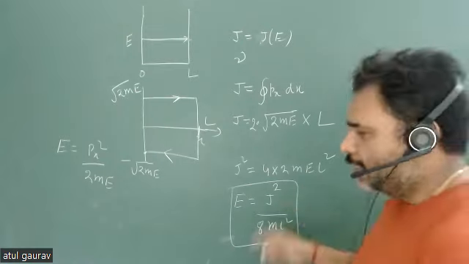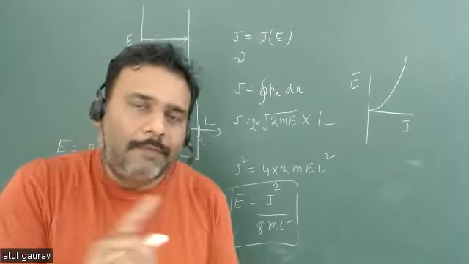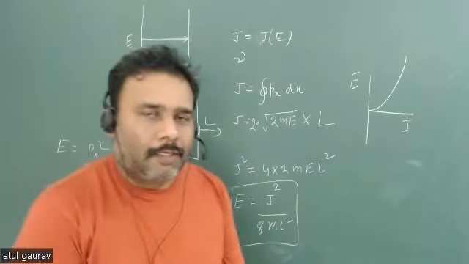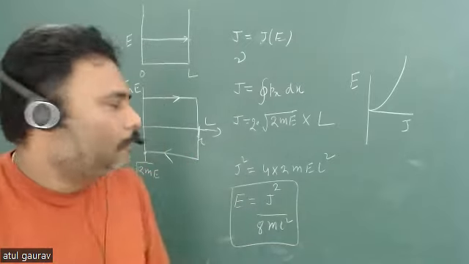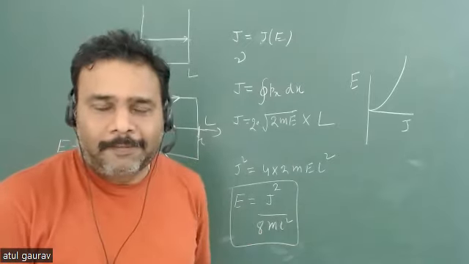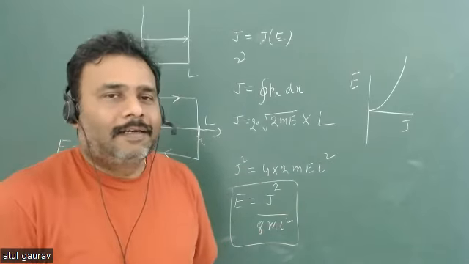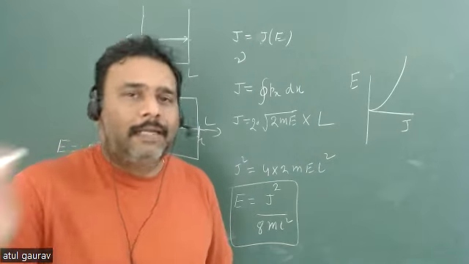This is very interesting. If you have a little bit of knowledge of quantum mechanics, I think you know that energy in quantum mechanics is proportional to n square, isn't it? And energy in a harmonic oscillator is proportional to n.